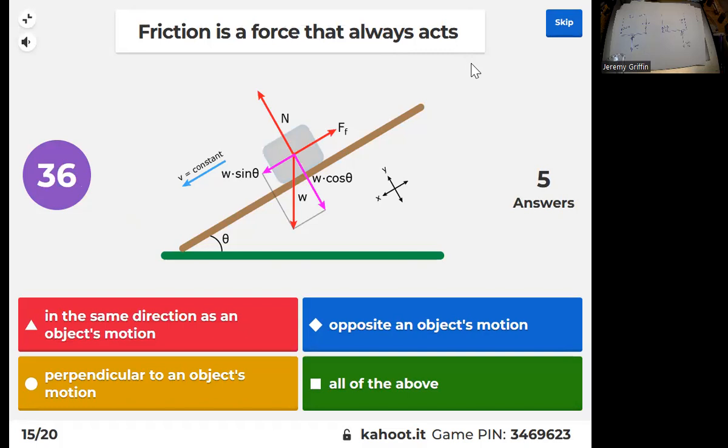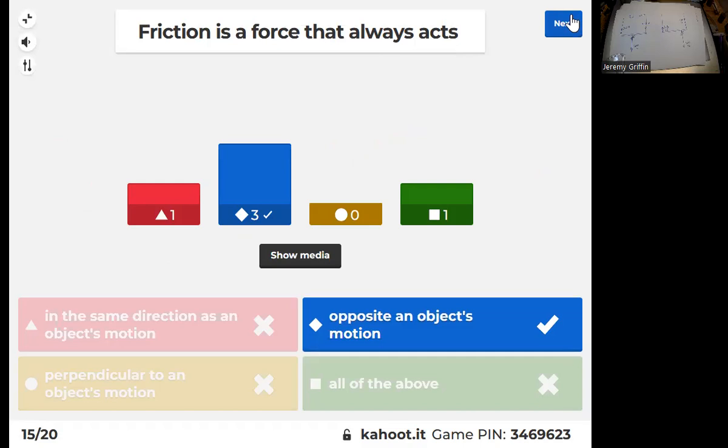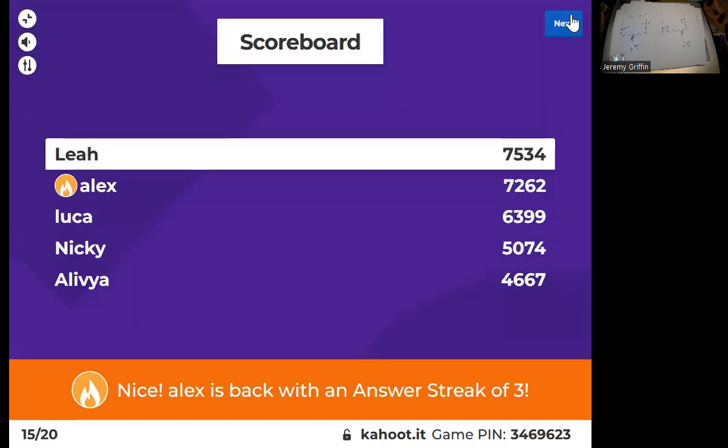Yeah, opposite of the motion. Right, so friction always wants to slow things down. Friction, drag force, it's going to be opposite of the motion. There you go. And we talked about that at the beginning of class today too.